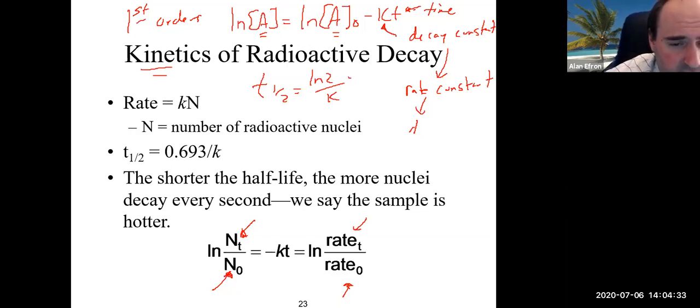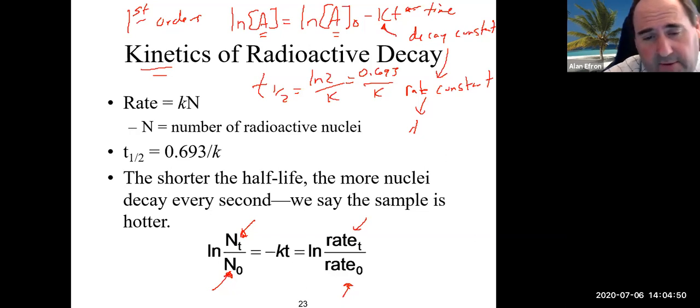Natural log of 2, which is 0.693 if you type that on your calculator, equals K. This is what we can use to help us determine the changes in concentration, if you will, over a period of time.